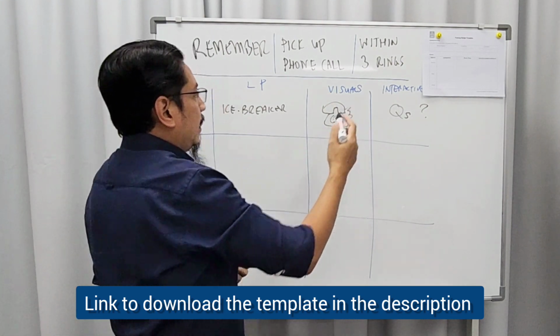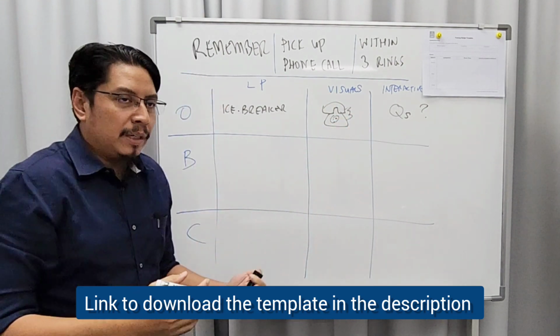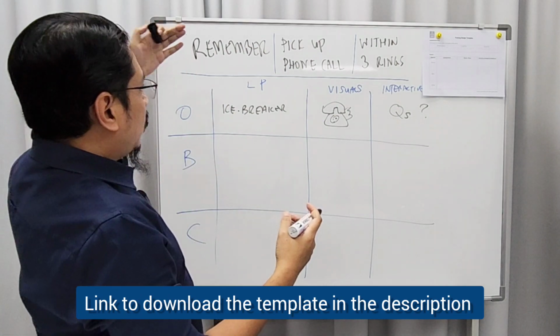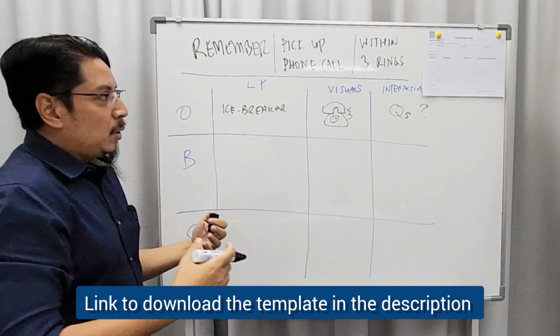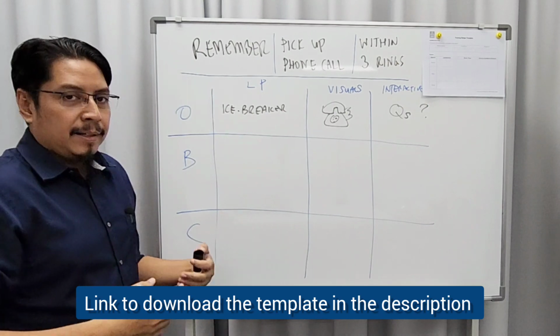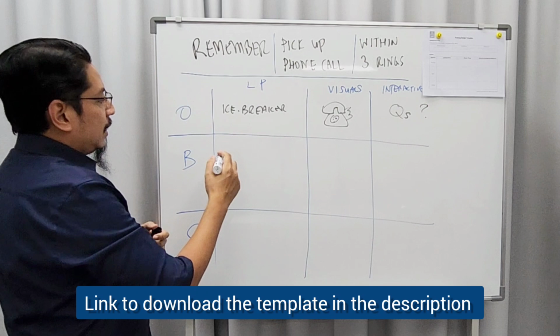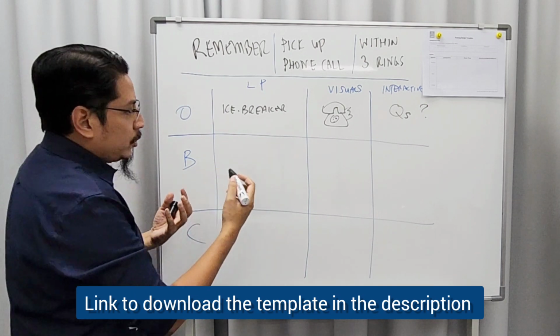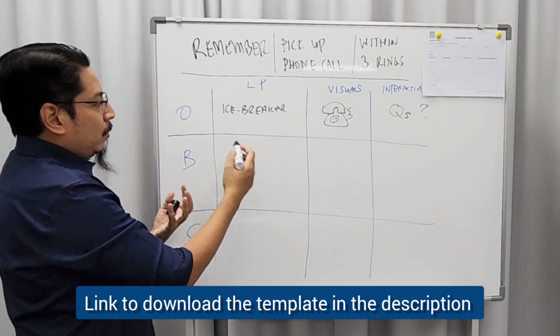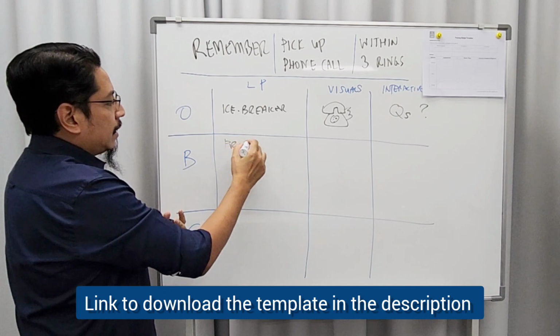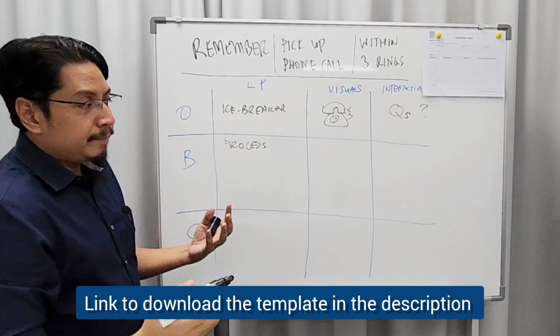After the icebreaker, what will I do? Taking a look at the objective, which is for them to remember, one of my strategies is to always repeat and emphasize. So maybe I would like to introduce to them the process of a phone call.